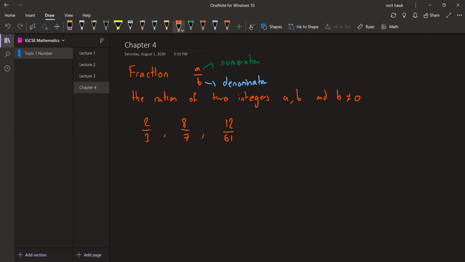And there are many types of fractions. There's this thing called proper fraction and improper fraction.